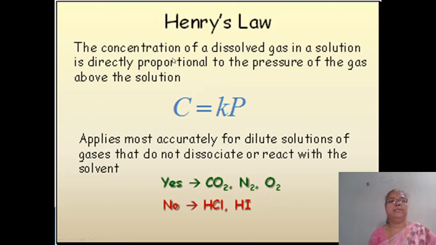I repeat once again, Henry's law: the concentration of a dissolved gas in a solution is directly proportional to the pressure of the gas above the solution, and mathematically it is given by C = KP, where C is the concentration, K is the constant, and P is the pressure.